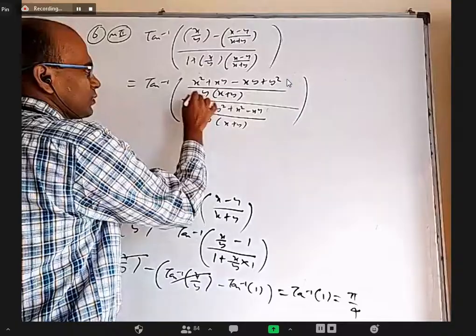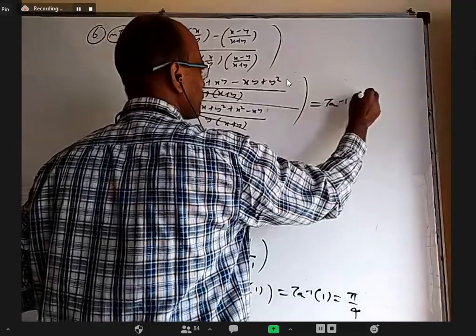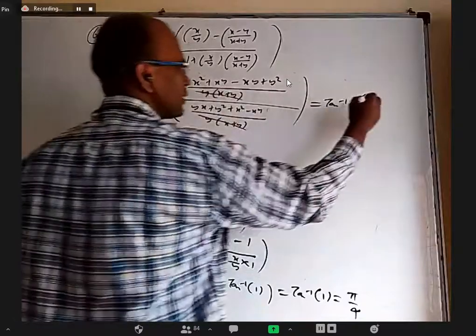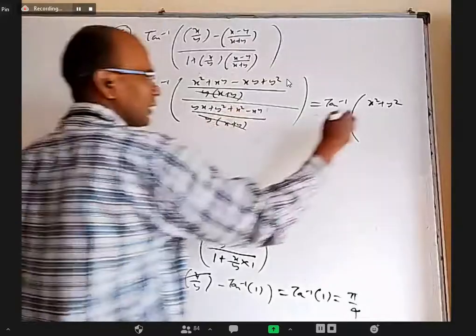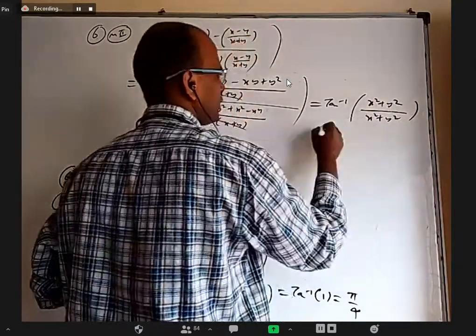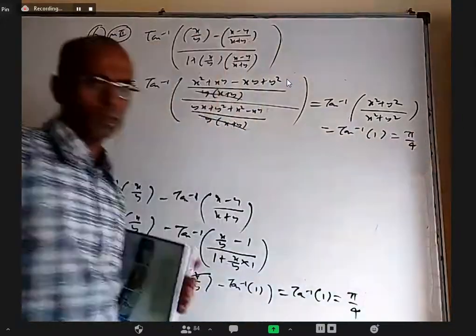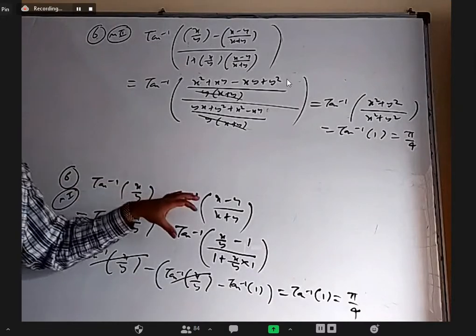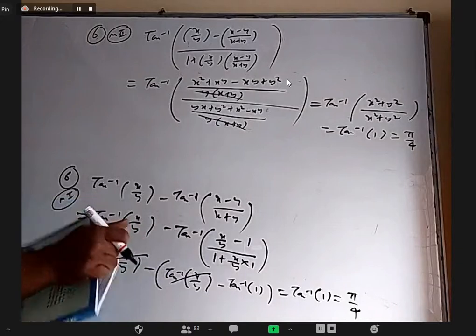Y into x plus y will cancel. Here xy will cancel, I'll get x square plus y square. Here also xy will cancel again, I'll get x square plus y square, which is tan inverse 1, which is pi by 4. Okay, so we can combine the whole thing or we can split the second one and then cancel out. It's good to know both methods.